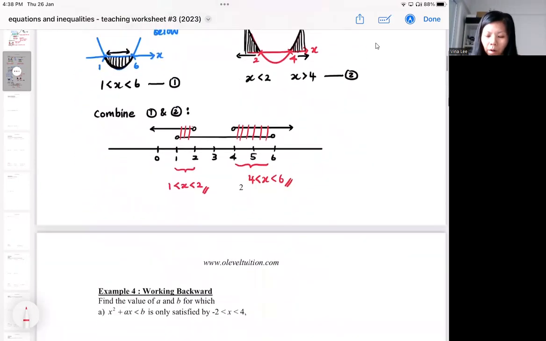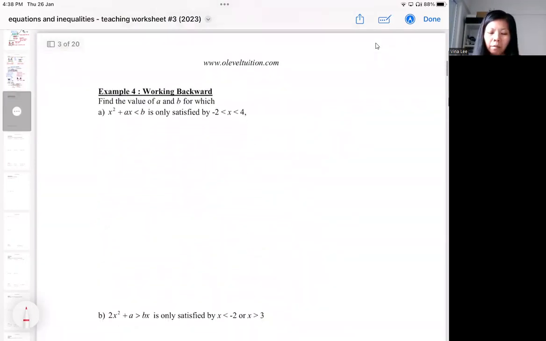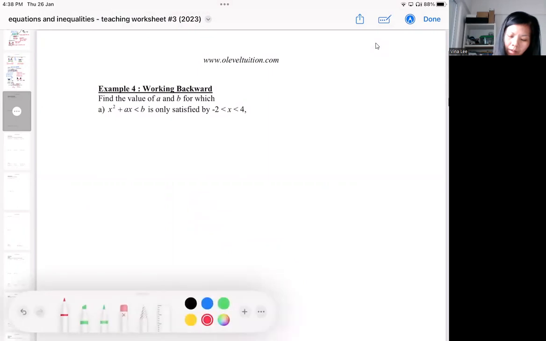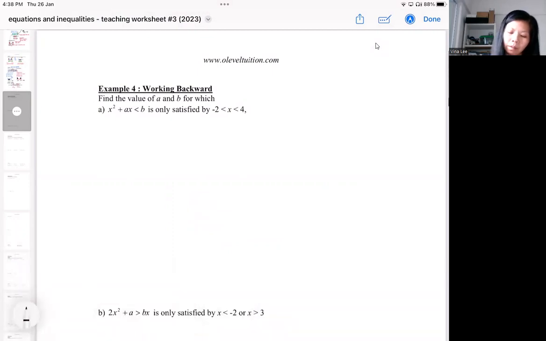In example 4, we're going to explore the idea of working backwards. In a way, they tell you the answers. So what you can do is something like this. They gave you a quadratic inequality.